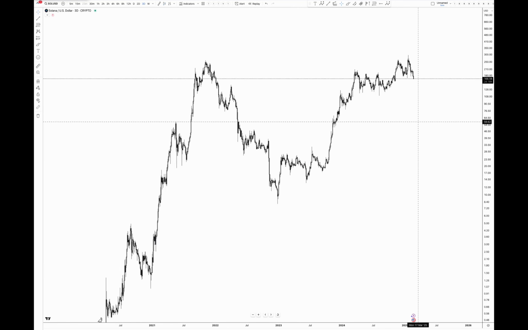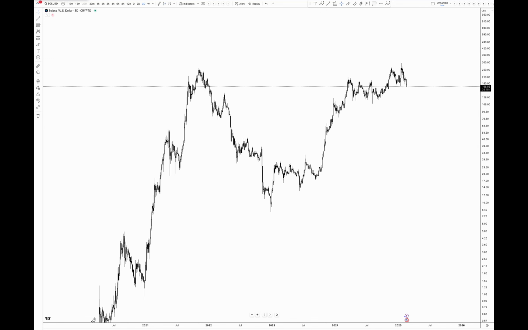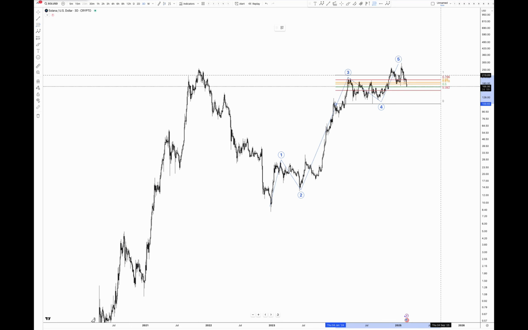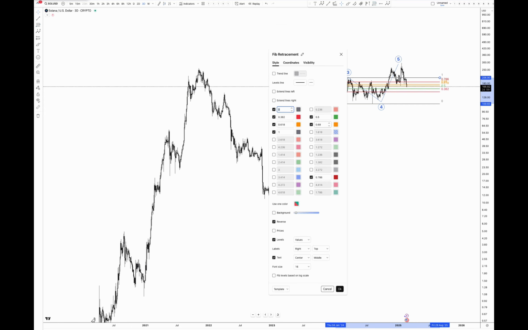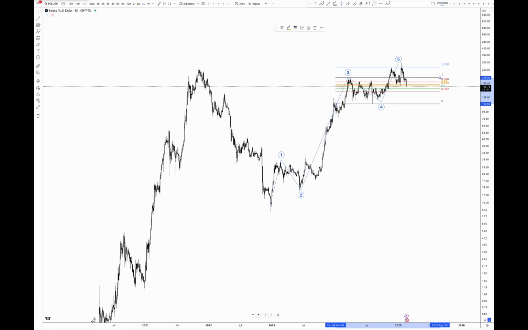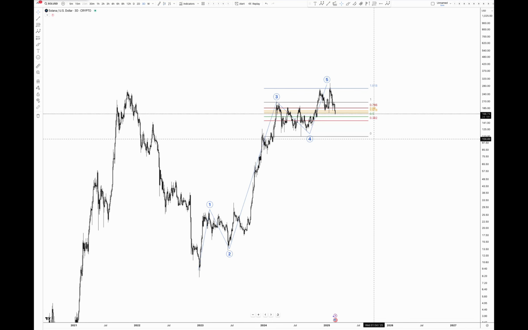So you can see the five-wave count could have been complete. If we had this as a 1, 2, 3, 4, that's a 5. If we do that, put our golden ratio, there you go. So we've probably hit our target.